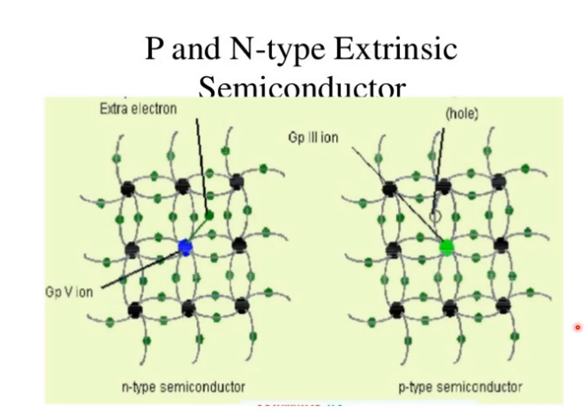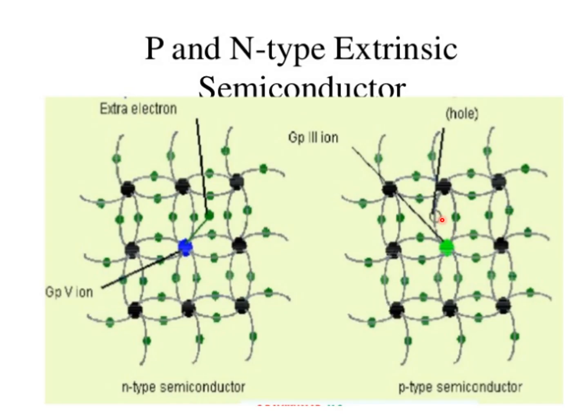Coming to the P-type semiconductor, trivalent impurities are added like boron, aluminum, gallium, like that. These black ones are silicon atoms. This is a boron atom. It is a third group element. It has only 3 valence electrons. Here the 3 valence electrons form covalent bonds with 3 valence electrons of the silicon. This is the fourth valence electron of the silicon.